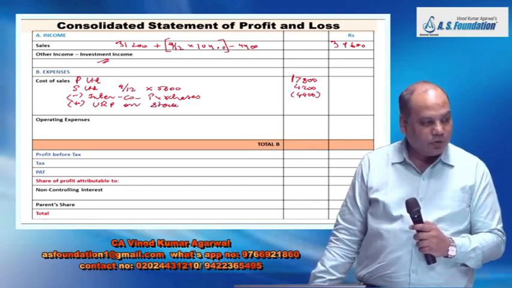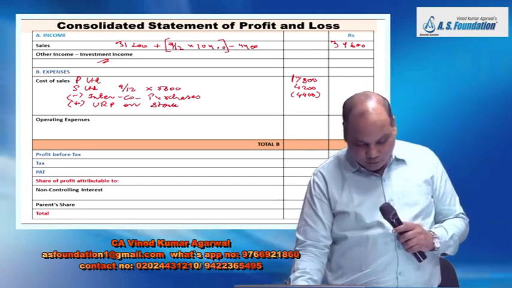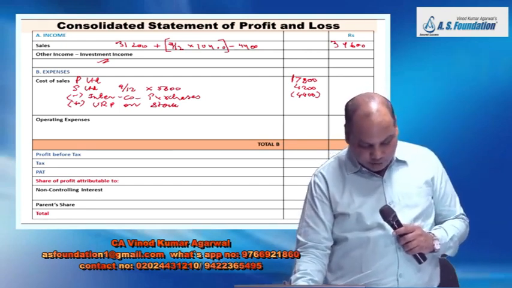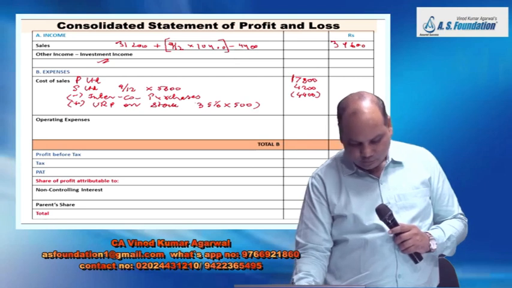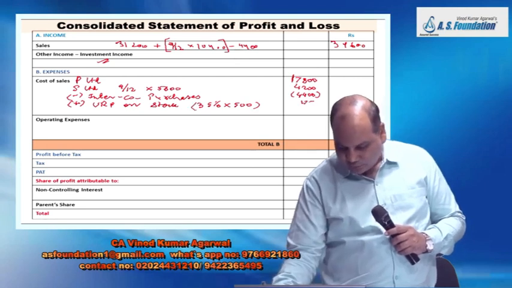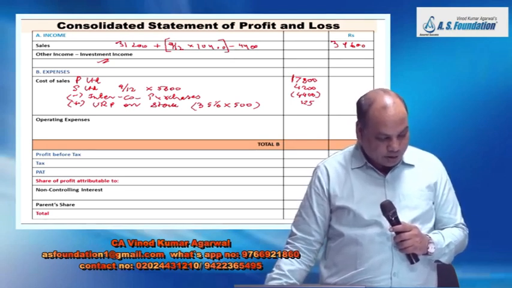Removing unrealized profit on closing stock will increase the cost of sale, and that calculation will be directly 35% into 500, 175. Is it 175? Okay, come back to your question.